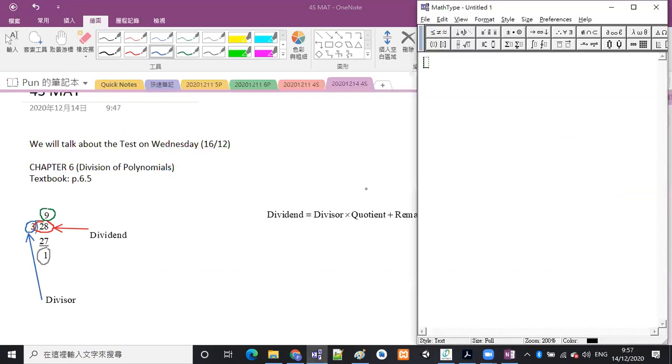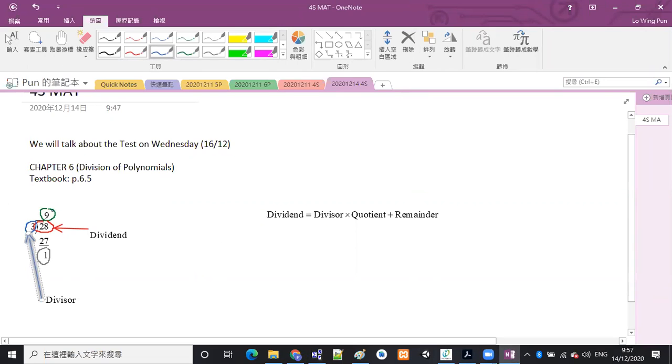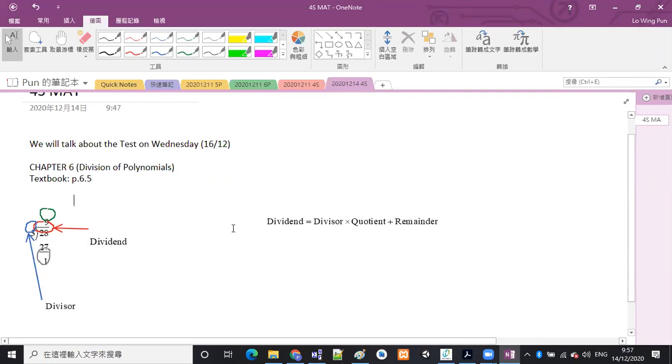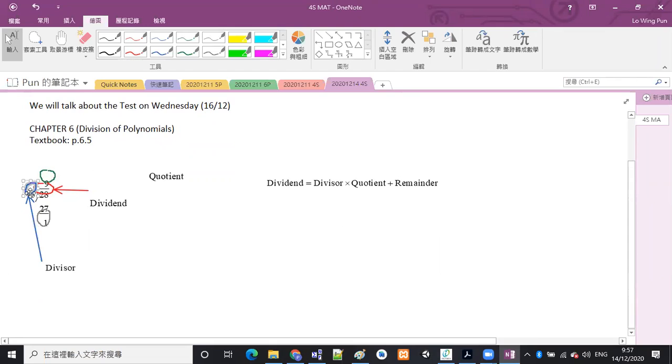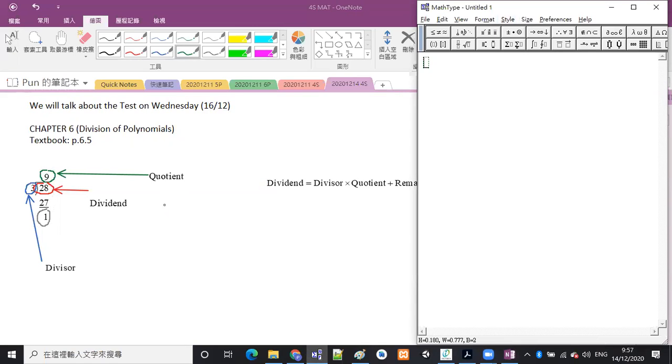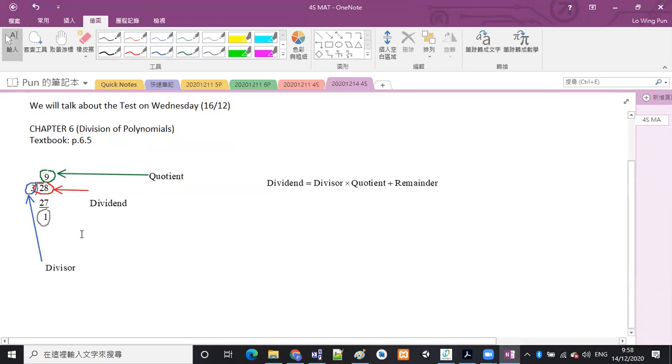And then we have the quotient. 中文名係商, the quotient is the whole result. And then finally we have the remainder, 中文名就係餘數.